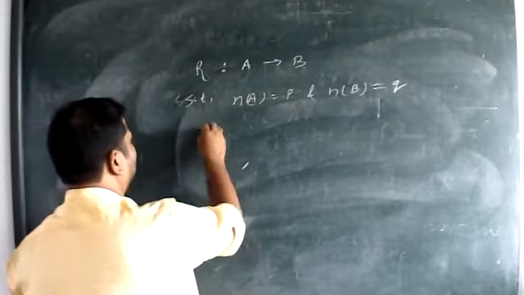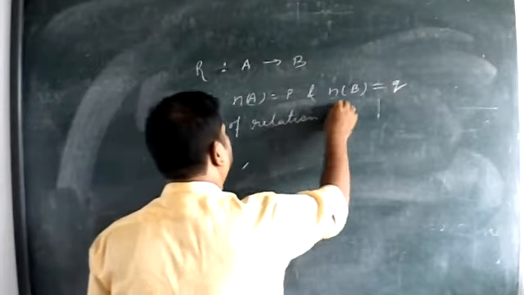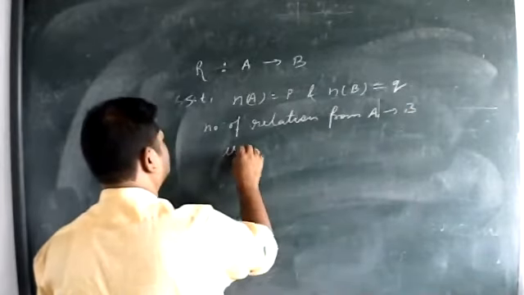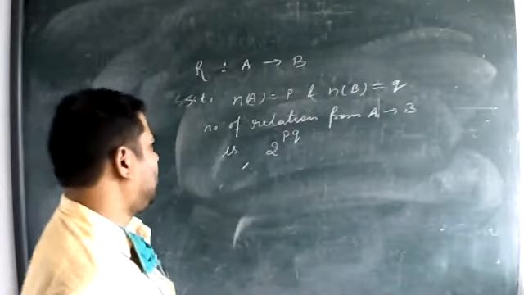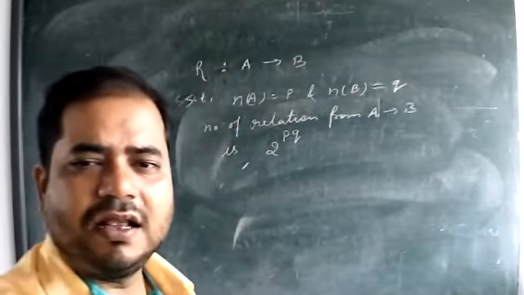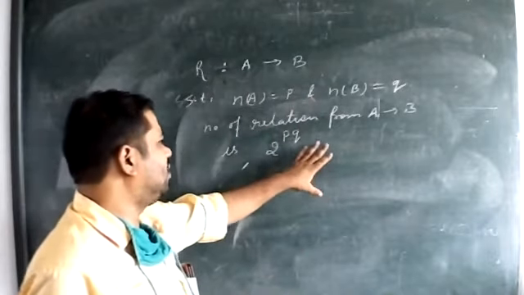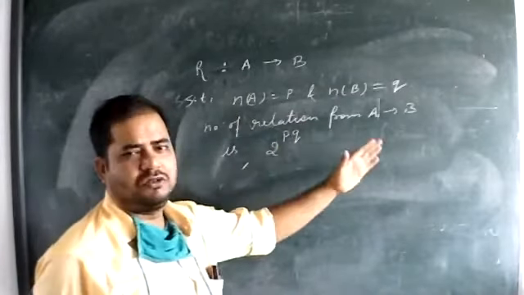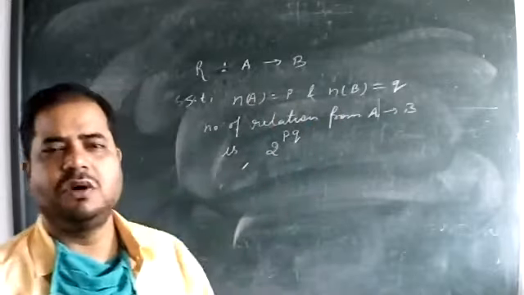Then the number of relations from A to B is 2 to the power p into q. Why? Because R is a subset of A cross B, so the total number of subsets of A cross B is 2 to the power pq.